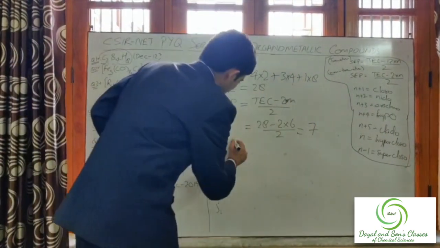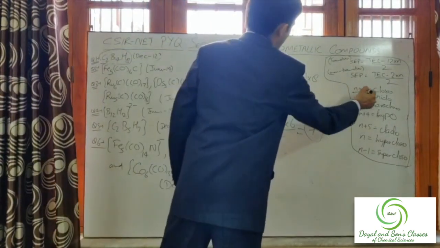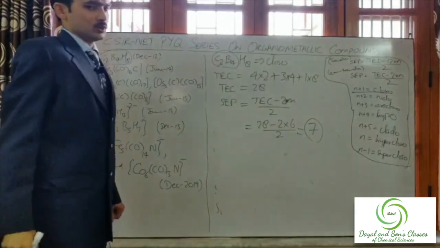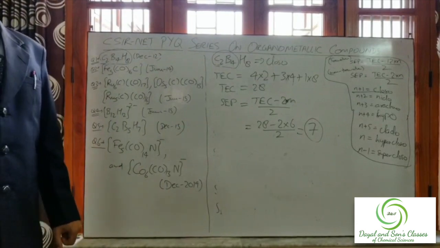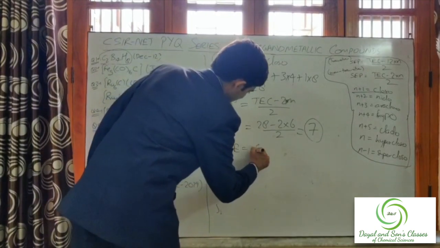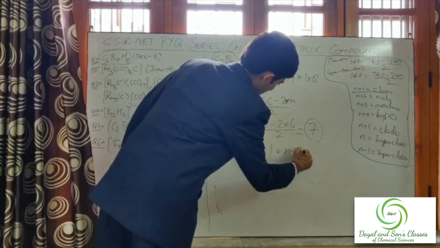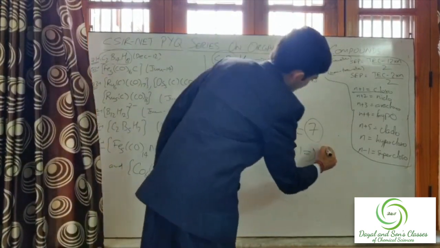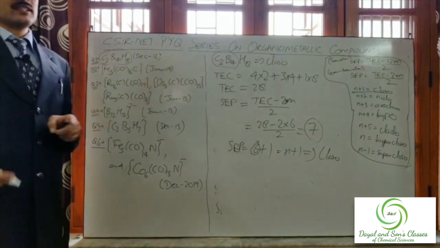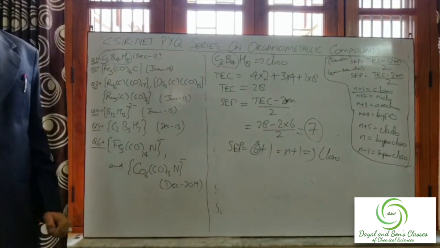And this 7 means it will be a Closo. So it will form a Closo structure. This implies SEP is equal to 7, so we can write it as 6 plus 1, number of vertices plus 1, implies Closo. Therefore, this particular carborane will have a Closo structure. I hope this is clear.